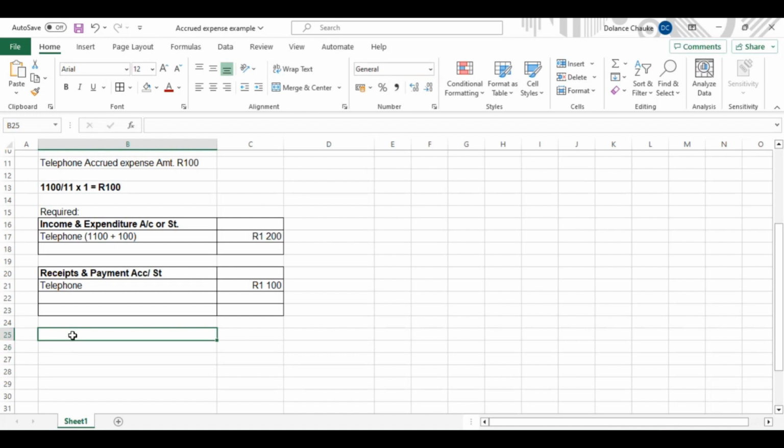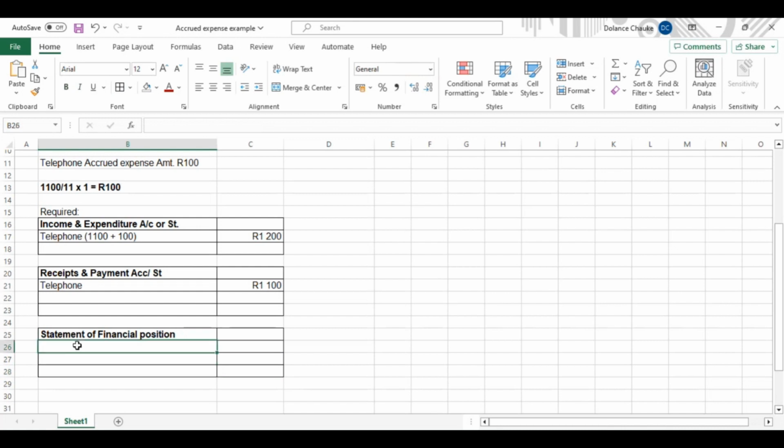Therefore, let's say you are also required to prepare the statement of financial position.